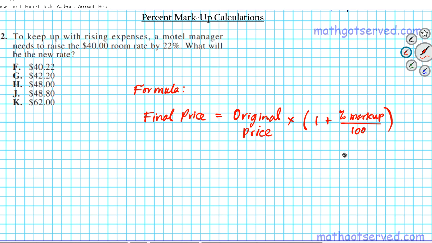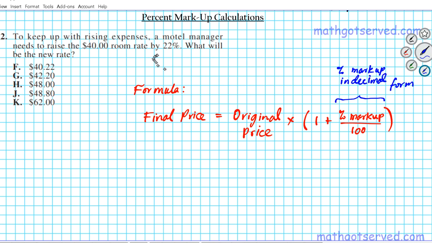That's basically what it is. Another way to do this, if you don't want to use fractions, is to add 1 to the percent markup in decimal form. That's much faster. You can do this mentally in decimal form.